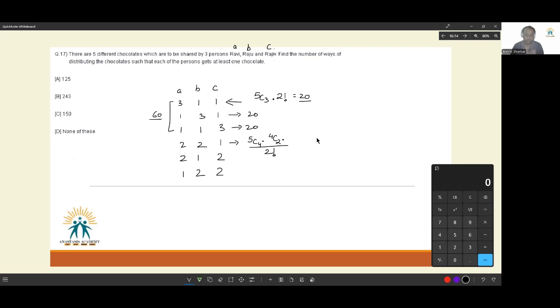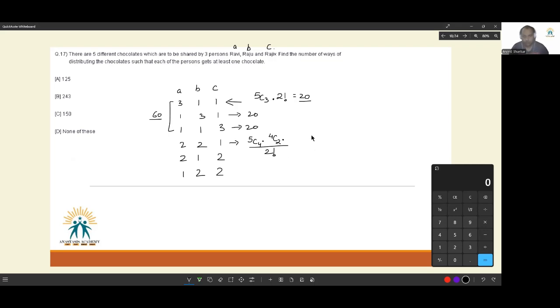Now, these groups of 2 chocolates that have been created, for which person am I making this group? That can be for the first person also, can be for the second person also, could be for A also, could be for B also. So, how do I ensure that I'm not including a double count?